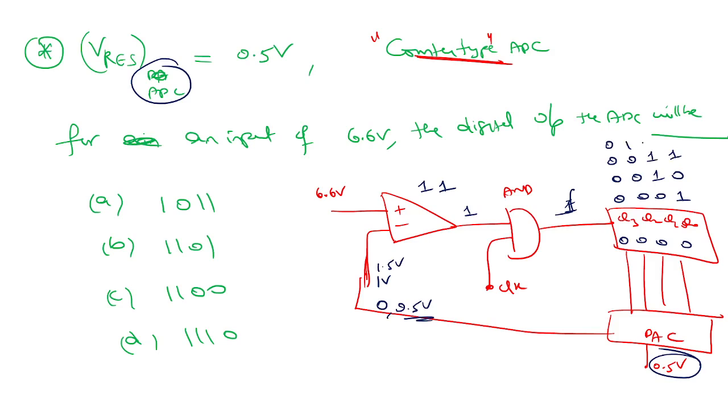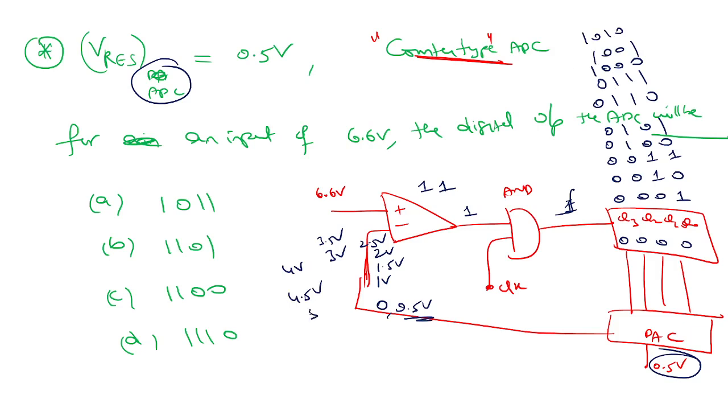Clock is applied. 0, 1, 0, 0, 2 volt. 0, 1, 0, 1, 2.5 volt. 0, 1, 1, 0, 3 volt. 0, 1, 1, 1, 3.5 volt. 1, 0, 0, 0, 4 volt. 1001, 4.5 volt. 1010, 5 volt. 1011, 5.5 volt. 1100, 6 volt. 1101, 6.5 volt. 6.6 is greater than 6.